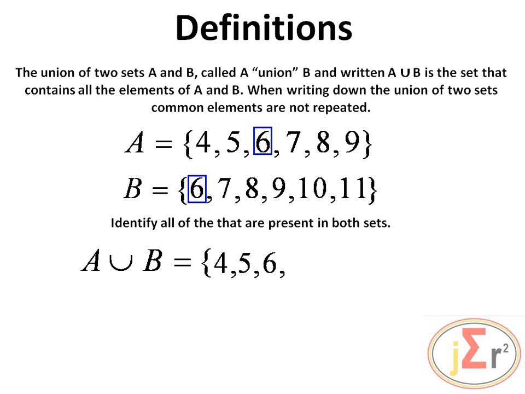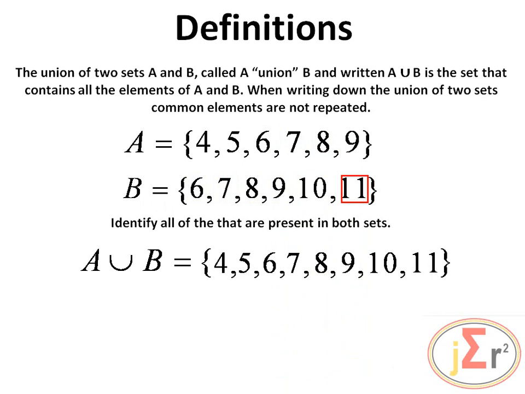And of course we have 6 is a common element and it is not repeated, so we don't have 2 6s down. 7 also, 1 7 is written down. 8 in A and B, but it is written down once. And the 9, the final of the repeated elements, is also written once. No more common elements. We have 10 present in B alone, and 11 is also present in B alone.